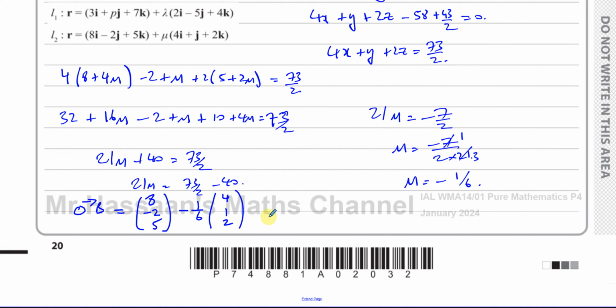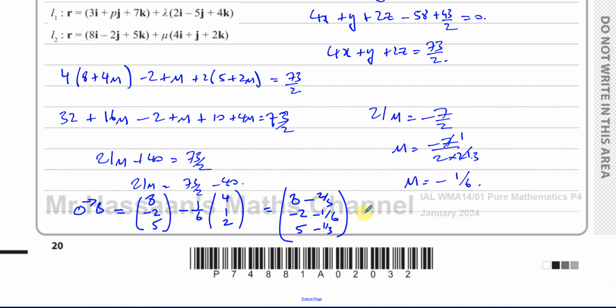Okay, that's going to tell you where B is. So that's going to be 8 minus 4 over 6, 8 minus 2/3, and minus 2 minus 1/6, and 5 minus 1/3.